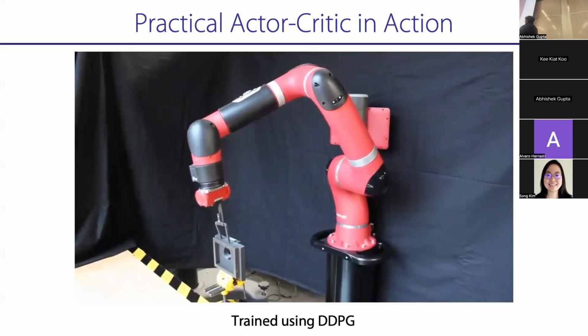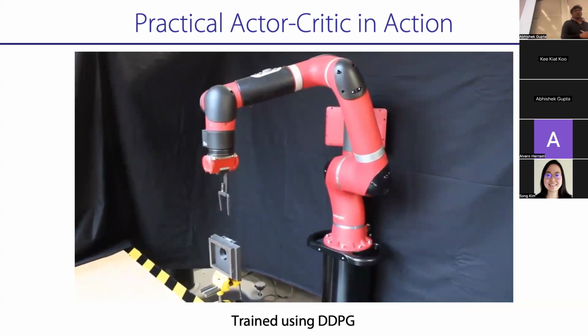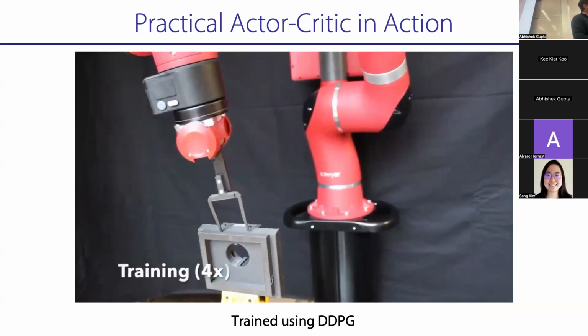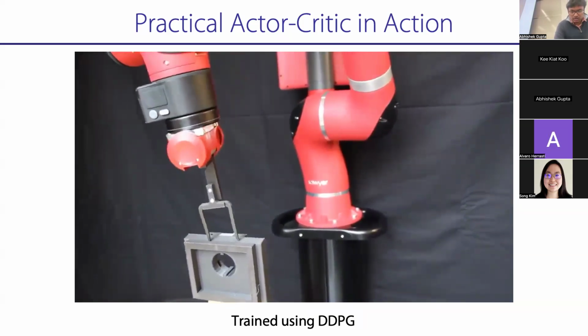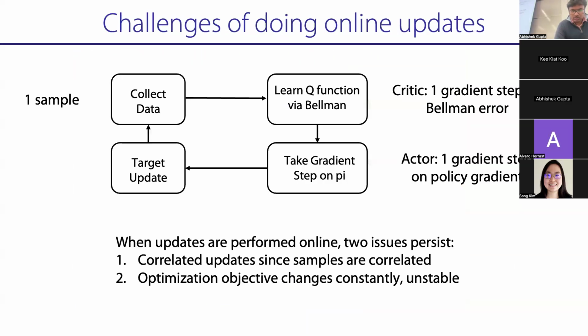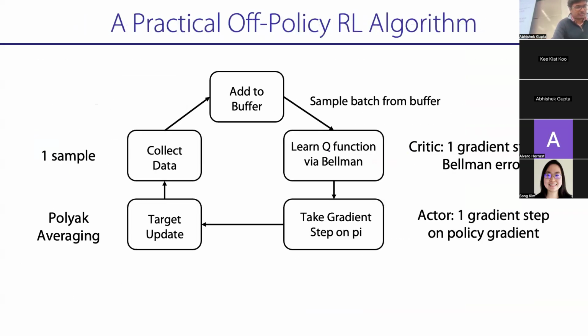There are also ways of doing this that are way more efficient for precise tasks. There's an algorithm called DDPG, and you can think of DDPG as basically an instantiation of this algorithm, but with OU noise while collecting the data and using reparameterization to sample through the policy, right?